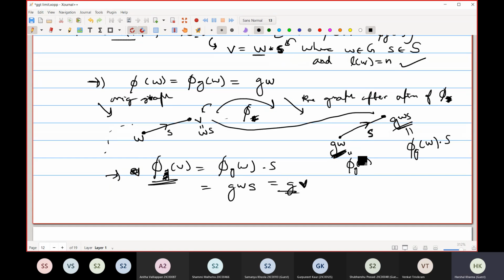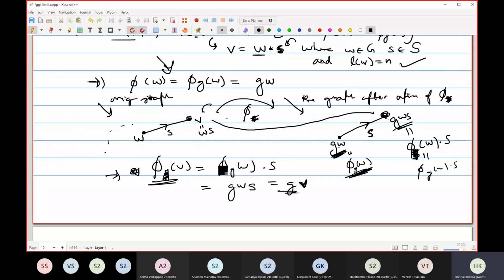Since we had that phi of W is equal to phi G of W, which is equal to GW, here we had phi of W equal to GW, and here we had phi of W into S. This is hence equal to phi G of W into S, because W had length less than or equal to n, and we applied the induction hypothesis. So when we applied phi, this vertex must essentially go to this vertex.